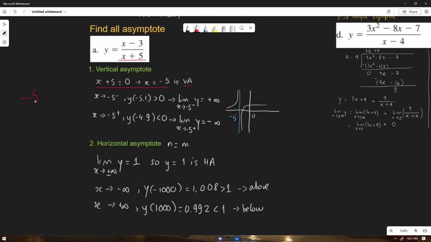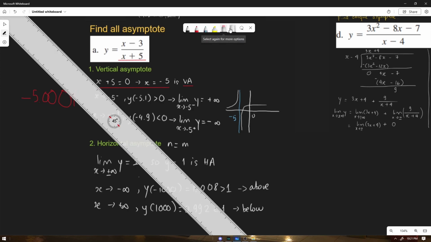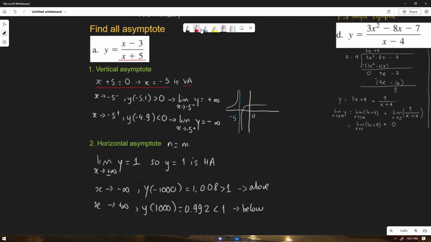If you want, you can also use 5.0001, but no, we're just going to do 5.1 as it is the easiest. Sorry, negative 5.1 and negative 4.9, so smaller, bigger. It's like the table thing, but it's very quick because it does not need a table.